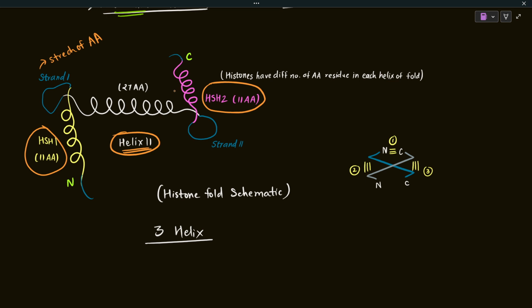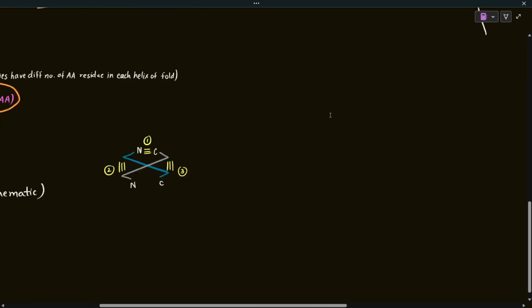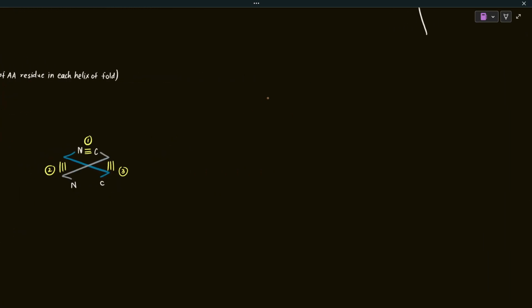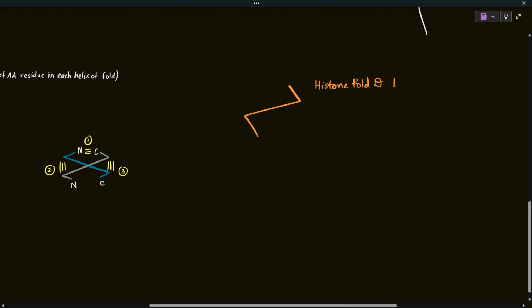Histone folds are very important because they are the ones around which DNA is going to wrap itself. So assume this is the histone fold domain of histone 3, with its N terminal and C terminal, and this is the histone fold domain of another histone, with its N terminal and C terminal.